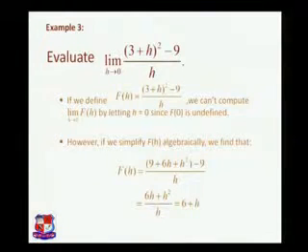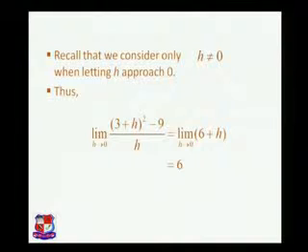Okay, so if we take limit h tends to 0, that means h is not equal to 0, h approaches 0. So then we can use this method, and if we take h not equal to 0, then limit h tends to 0 of (3 plus h) whole square minus 9 upon h is equal to limit h tends to 0 of 6 plus h, as we have discussed in the previous PPT.